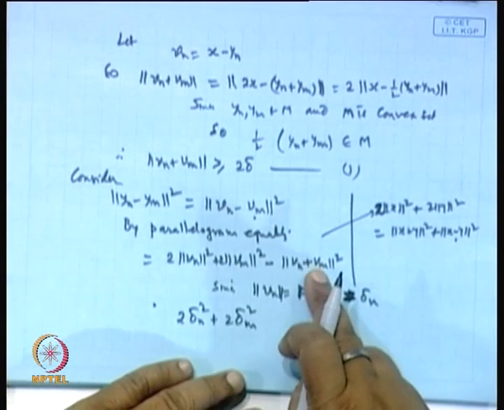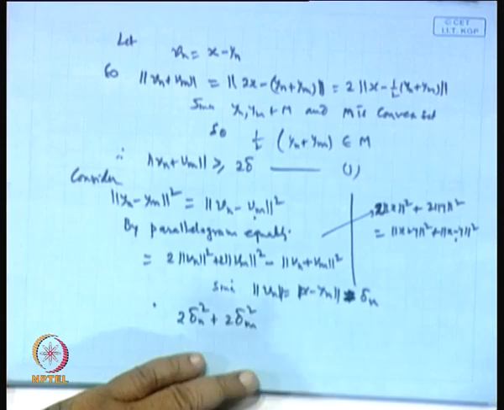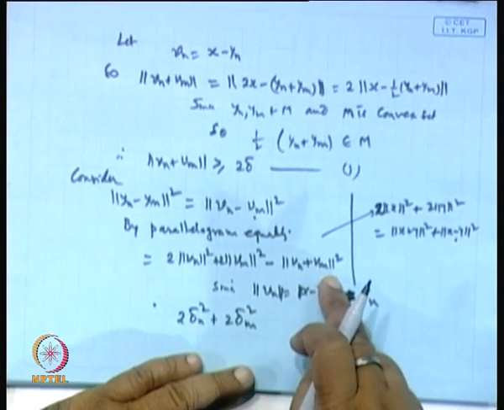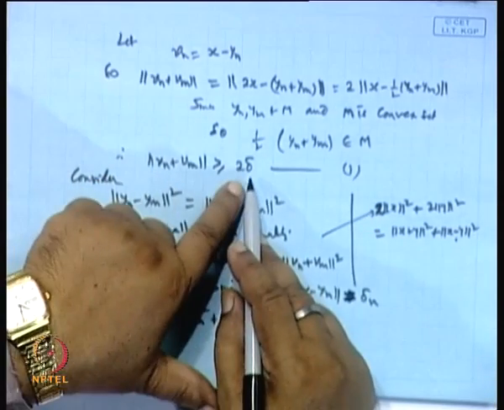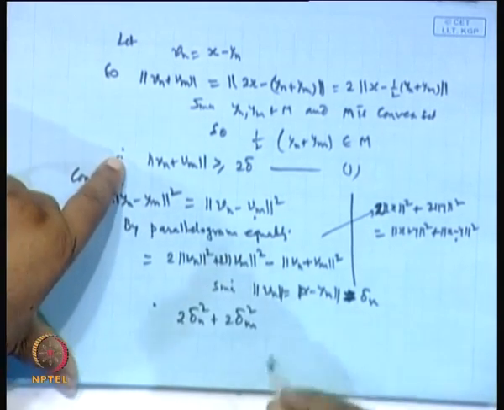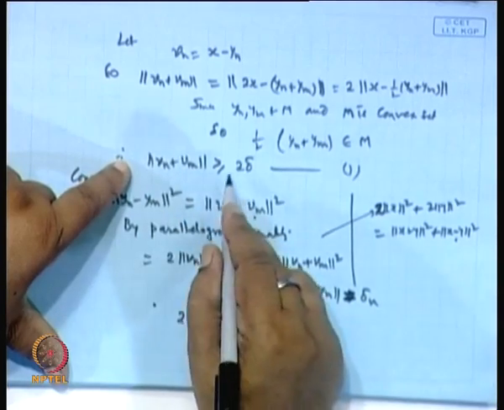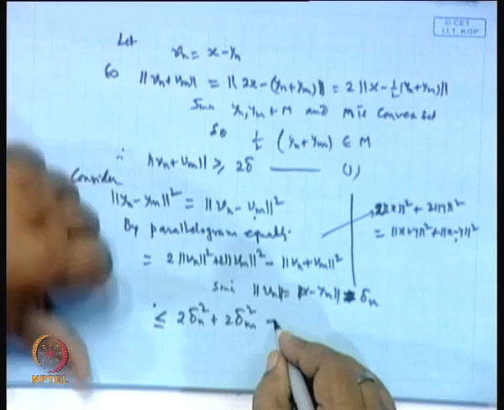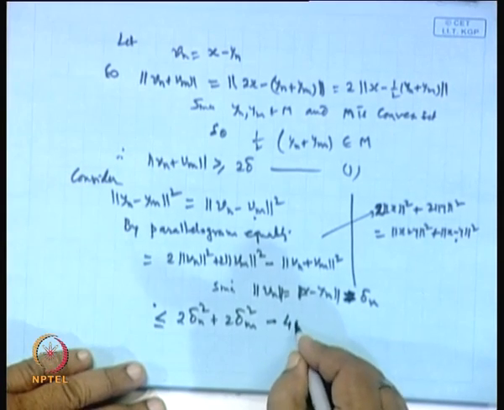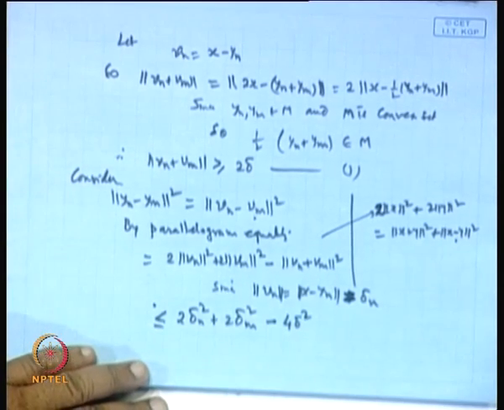And then what is V n plus V m? From 1, this is greater than or equal to 2 delta. So, minus of this is less than or equal to minus 2 delta, which means minus 4 delta square. Is it okay?